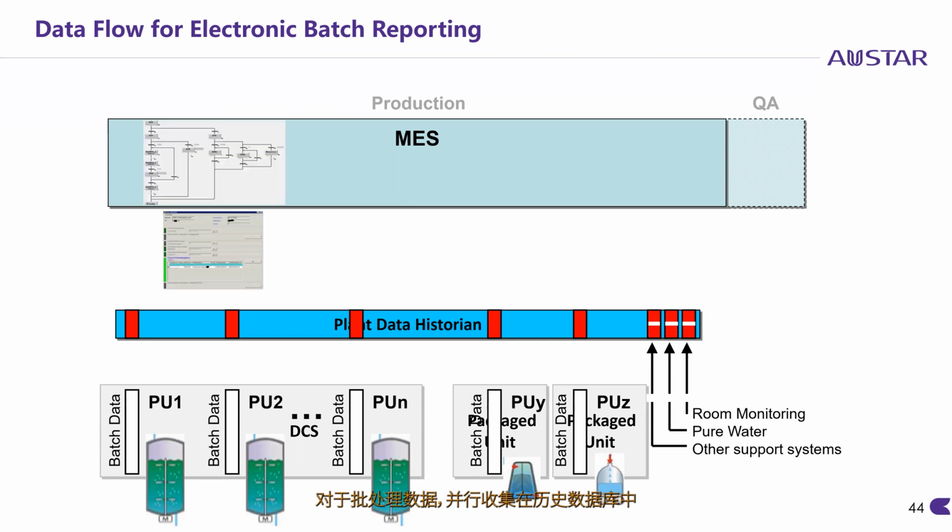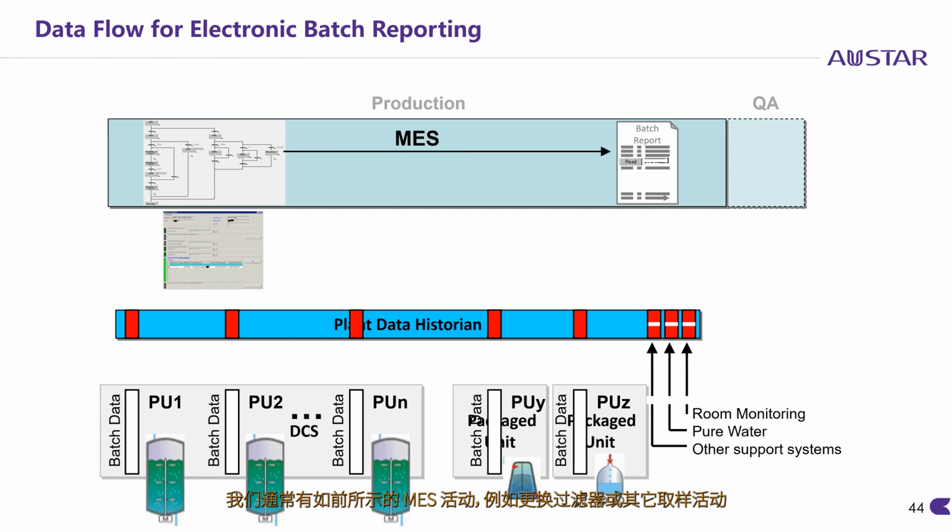In parallel, we typically have MES activities as shown earlier, like exchanging a filter or other activities, taking a sample. And these activities produce the batch report inside of MES.